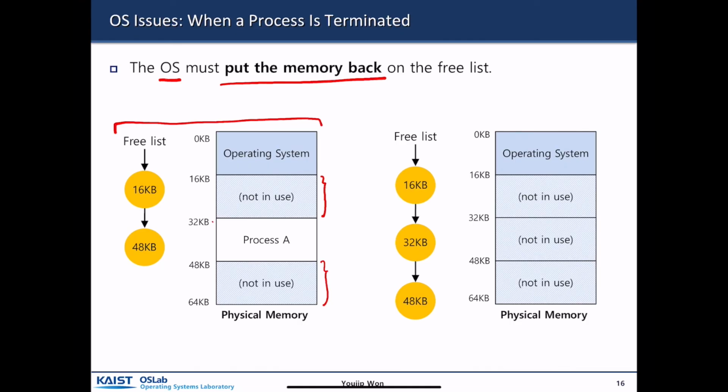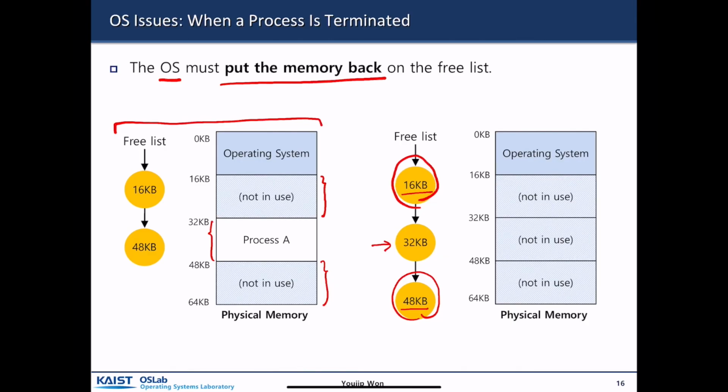Because process A terminates and it has been using 16 kilobytes of physical memory, after the process terminates, the operating system has to put the address space that has been used by process A onto the free memory list. From 16 and 48, these two nodes existed before the addition, and then a new node with 32 kilobytes is added to the free list.